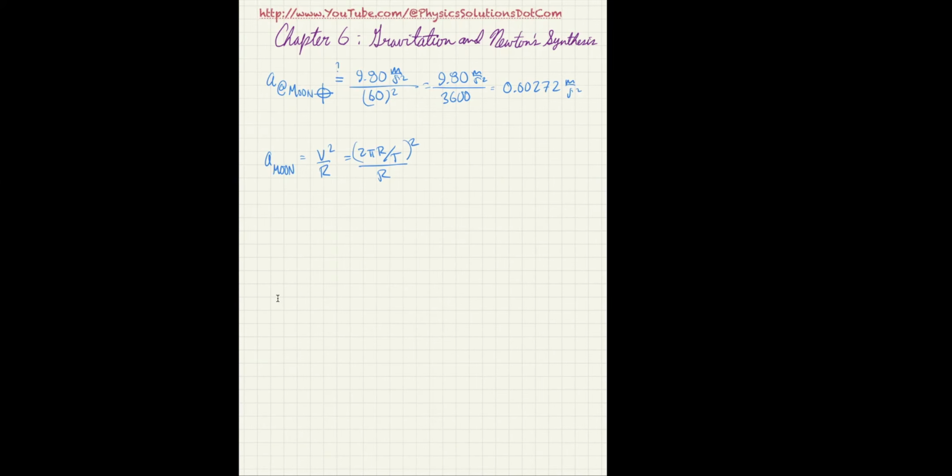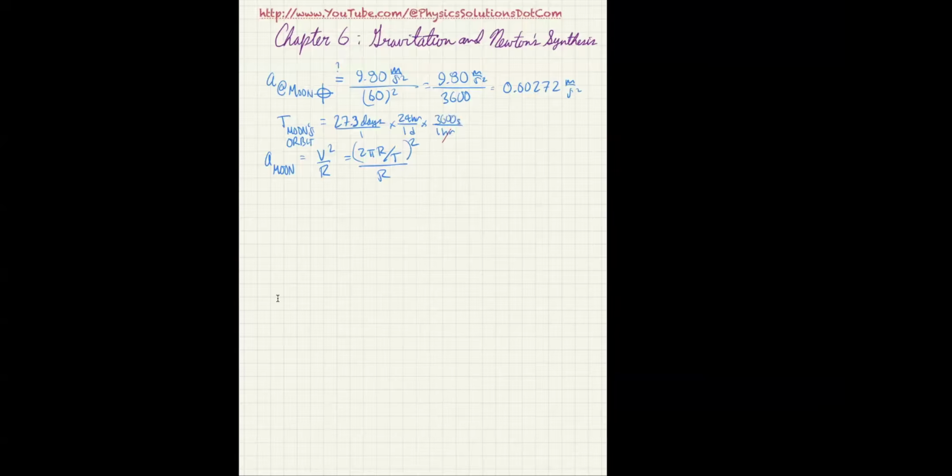Here it is. So the period T of the moon's orbit is about 27.3 days. Now we have to convert that to the proper units. So I'll put it over 1, and then I'll say that 1 day is equal to 24 hours, and that 1 hour is equal to 3,600 seconds.